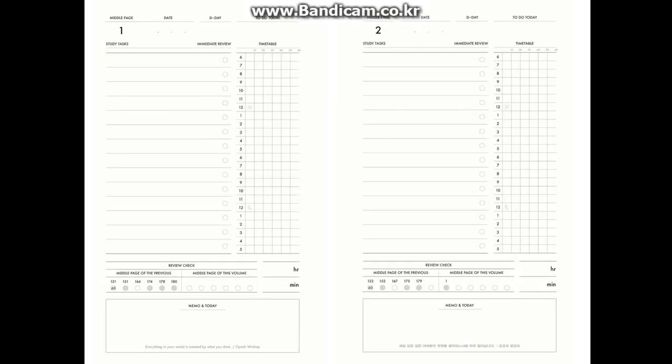One point you should remember to use the next volume is that you refer to all of the table. That is the middle page of the previous volume and the middle page of this volume. For these middle pages, you should go to the previous volume of the EBBING Plan, and for this middle page, you go to the middle page of this volume. In this way, you can use the EBBING Plan in succession.